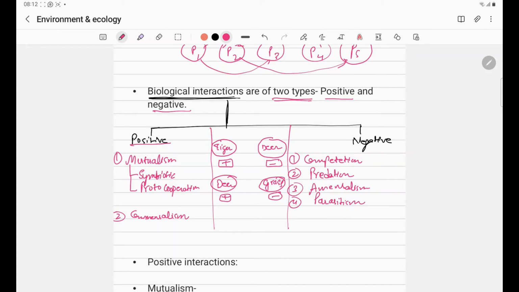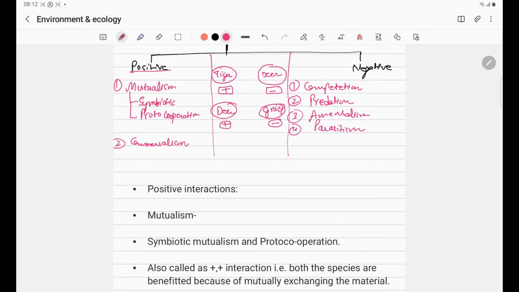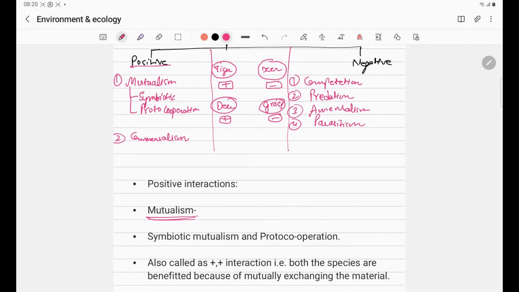Now let us study each of these terms in further detail. So the first one in positive interaction is mutualism. Mutualism is basically a positive interaction. It is positive because both the species are benefited by mutually exchanging material.